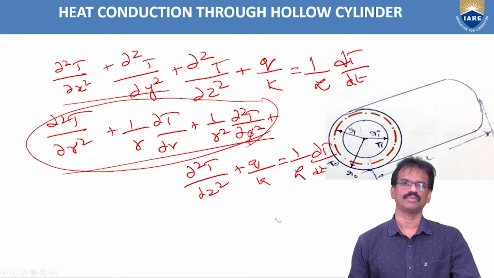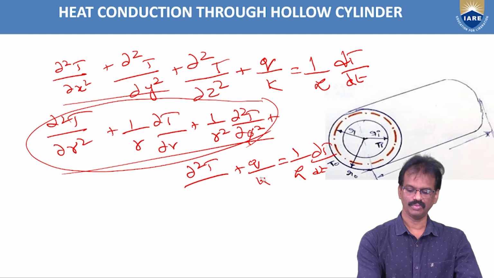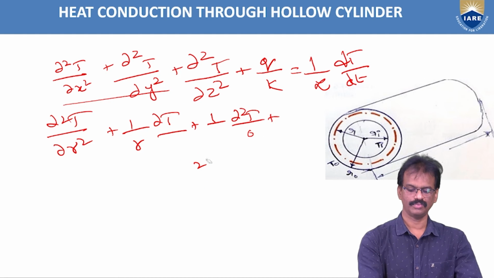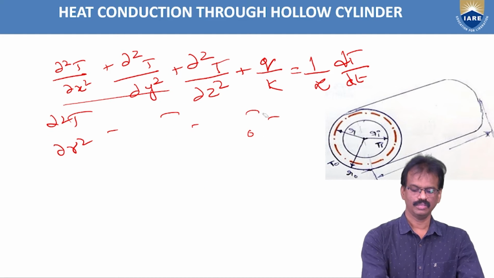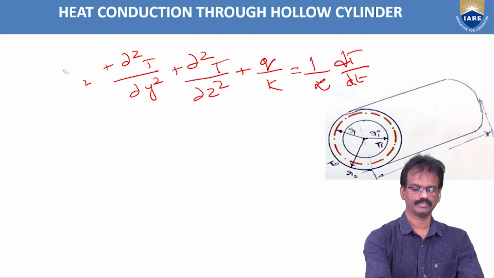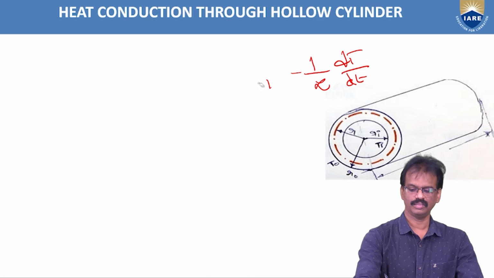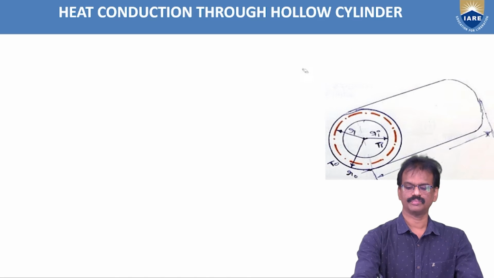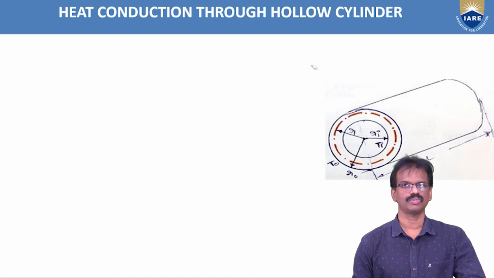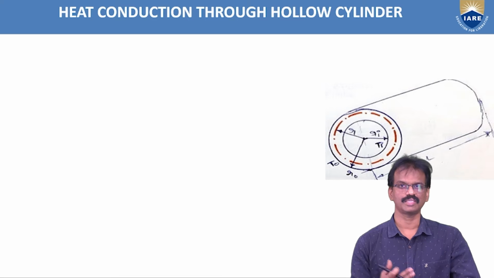In this class, we'll derive the formula for the rate of heat transfer in cylindrical systems, that is, in cylinders. In previous classes we already discussed the rate of heat transfer in slabs.